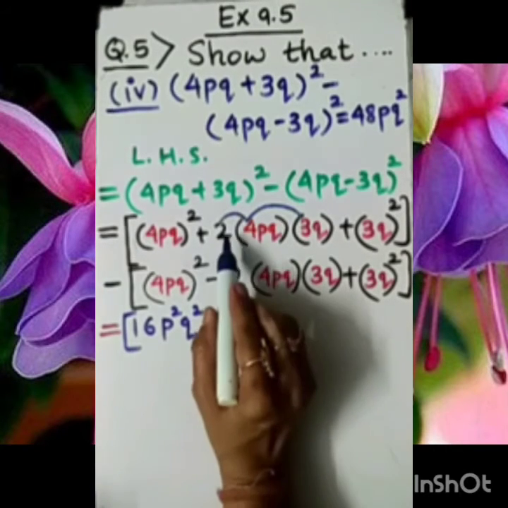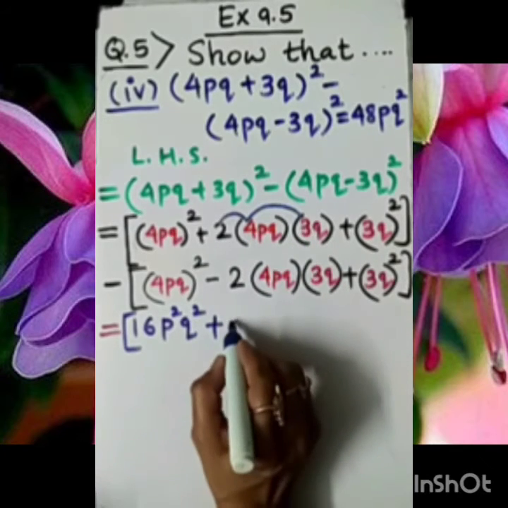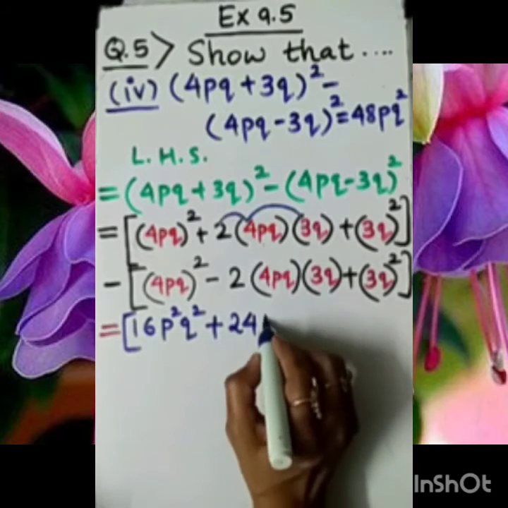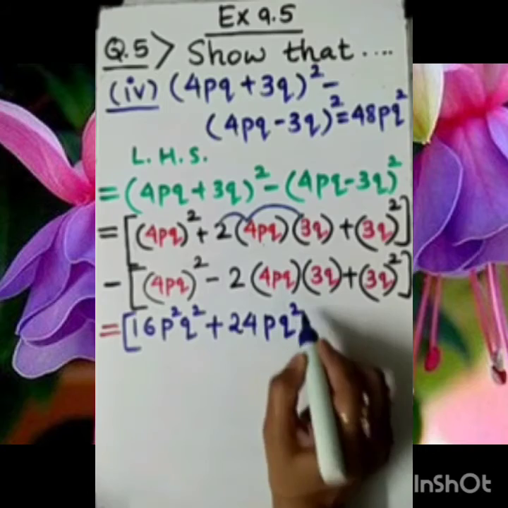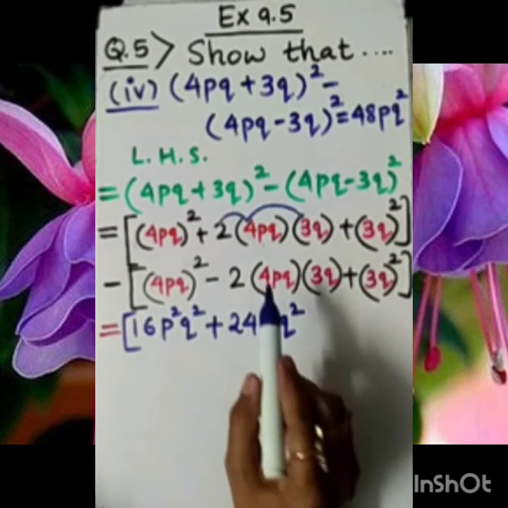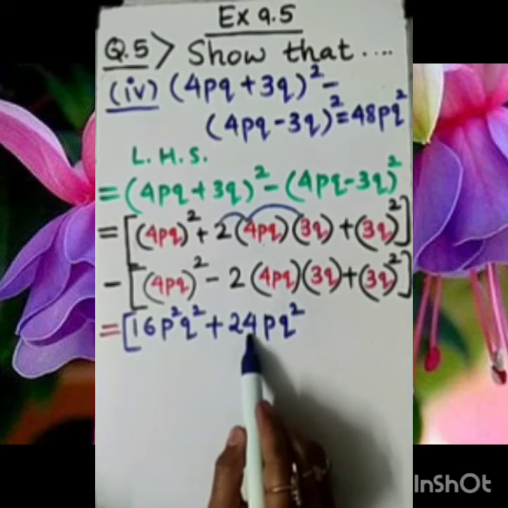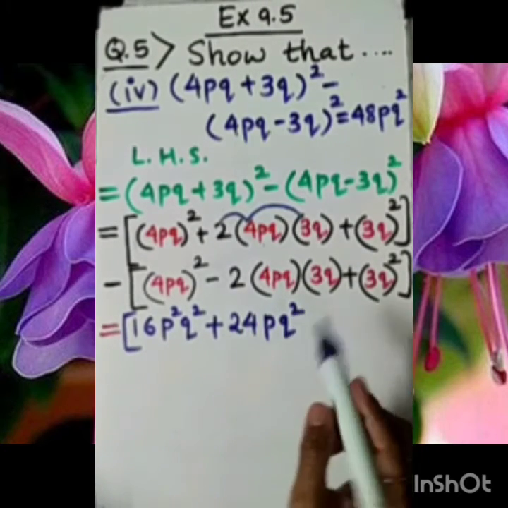We know that 2 4s are 8, 8 3s are 24. So I am writing here 24. P is already there, and q into q is q square. Clear to you? Once again I am explaining: 2 4s are 8, 8 3s are 24. P is already there, q into q is q square.